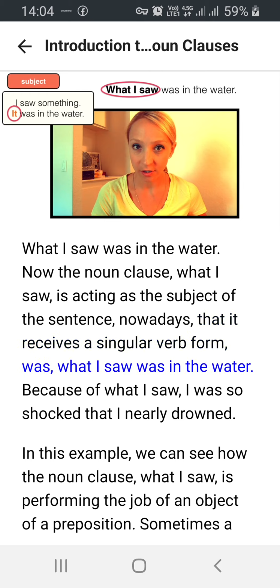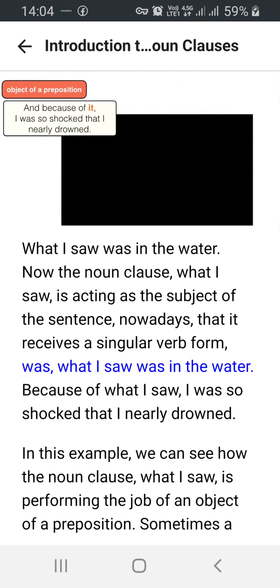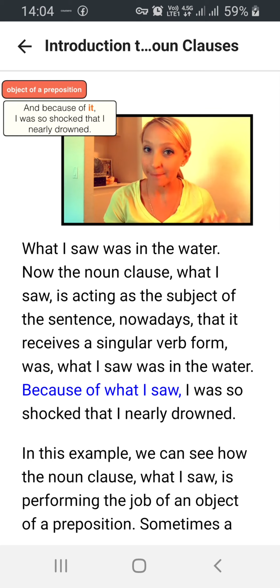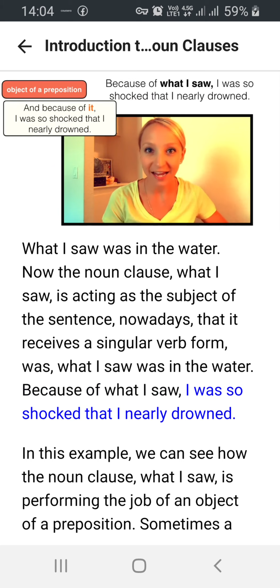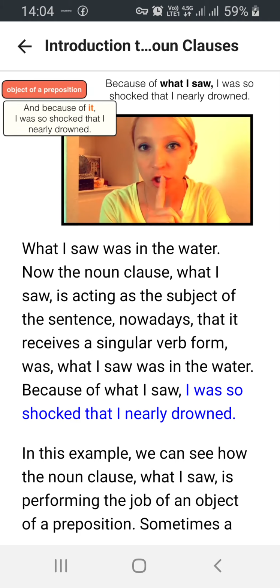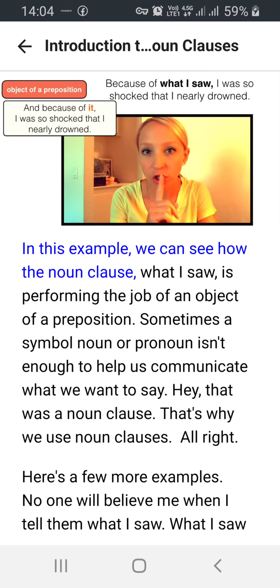What I saw was in the water. And because of what I saw, I was so shocked that I nearly drowned. Okay, in this example, we can see how the noun clause, what I saw, is performing the job of an object of a preposition.